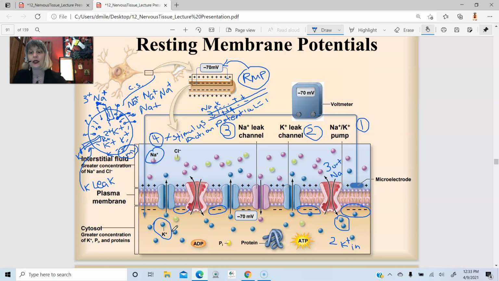So a lot of these protein channels are pumps, and they assist in getting these electrolytes in and out of the cell.